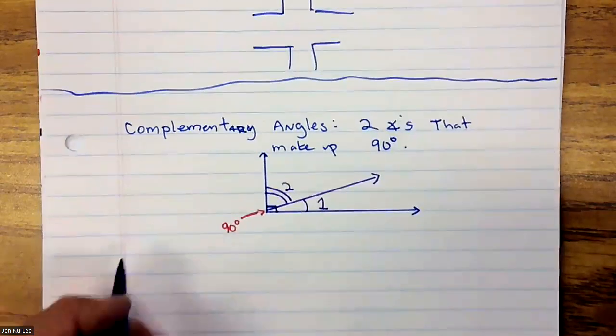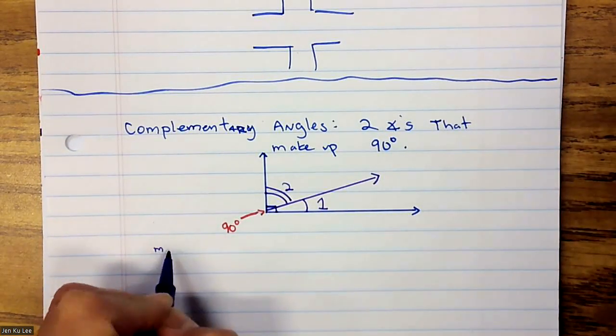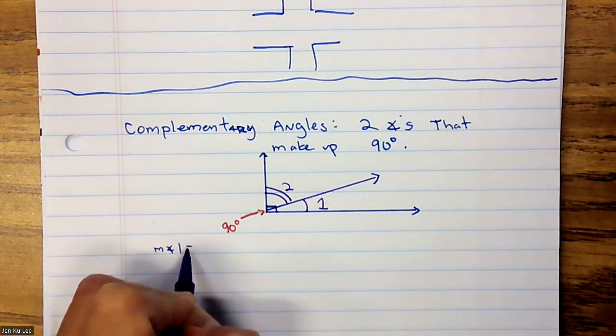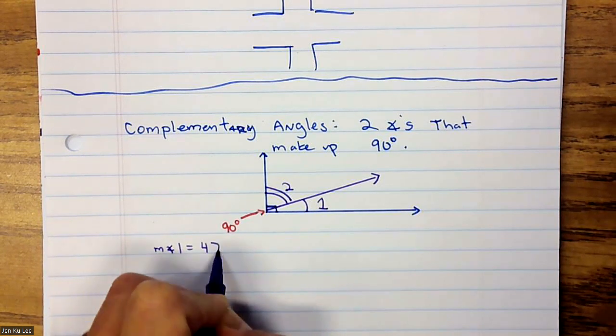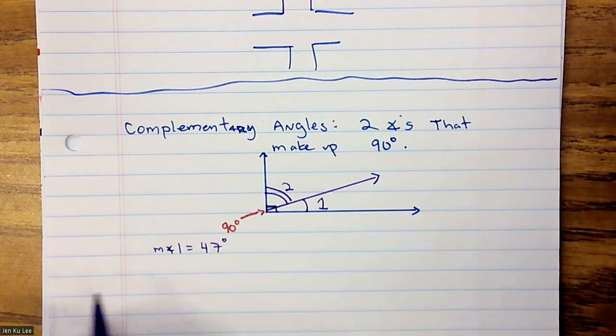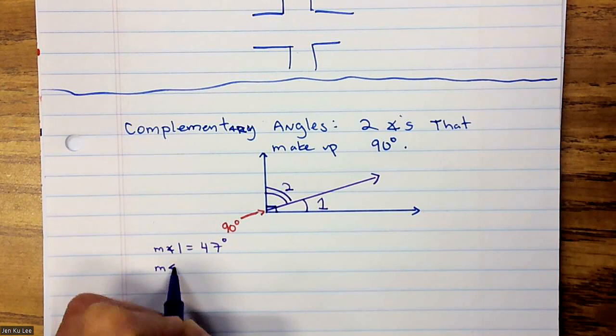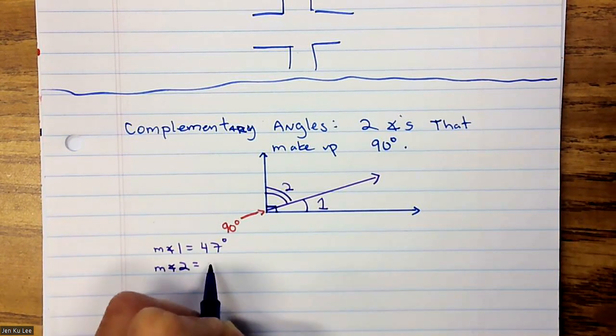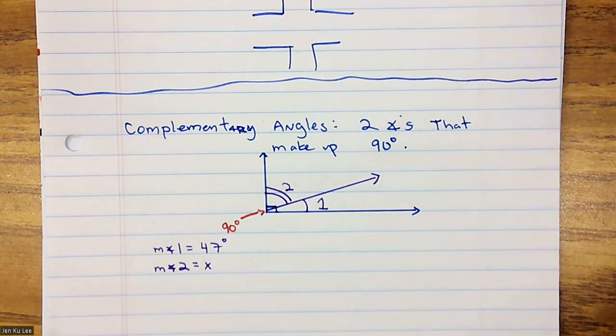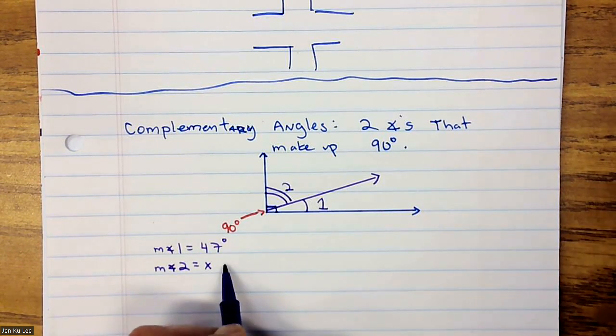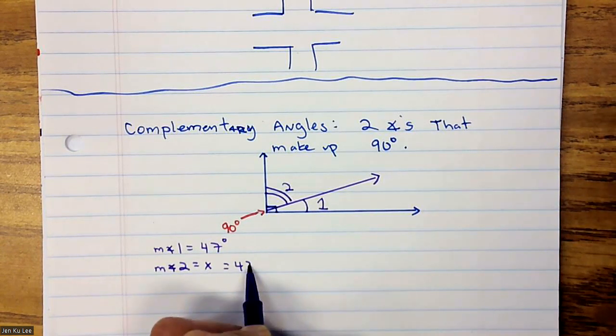So if I tell you that the measure of angle 1 equals, let's say, 47 degrees, and the measure of angle 2 equals x, what is x equal to? 43. x is equal to 43 degrees.